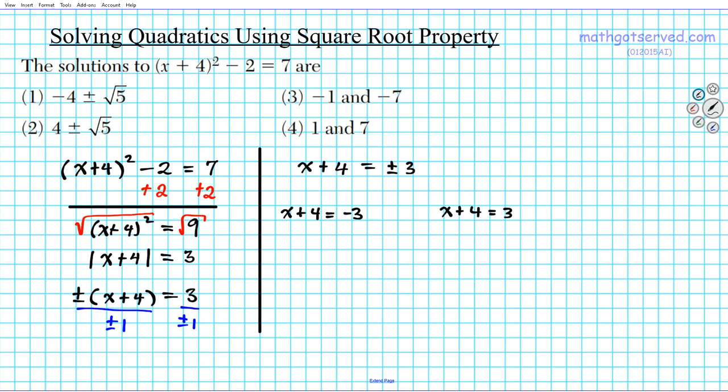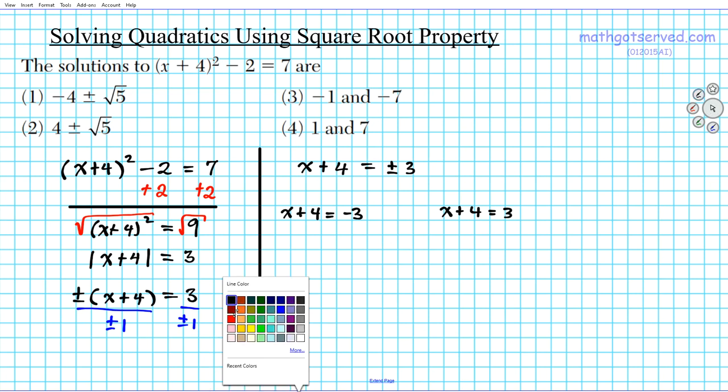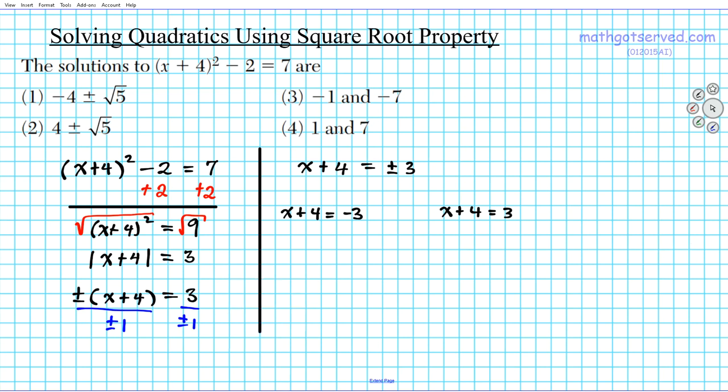Now we're going to solve these two equations, and that will give us the solutions to this quadratic equation. x plus 4 equals negative 3. We subtract 4 from both sides of this equation, and that yields x equals negative 3 minus 4.